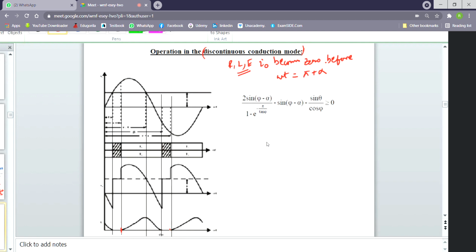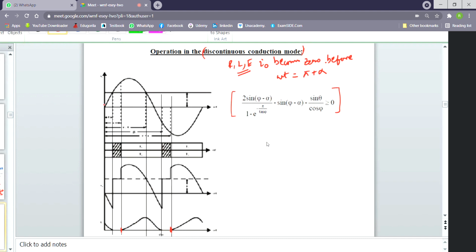Using these two boundary conditions, we obtain the condition for continuous conduction. If this expression is greater than or equal to 0, we have achieved continuous conduction operation, otherwise the output would be a discontinuous one. Let us see what is happening in this discontinuous conduction mode.